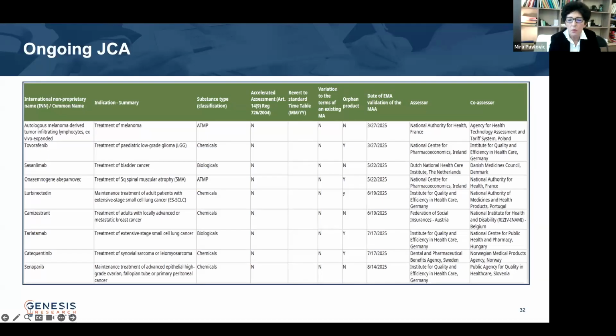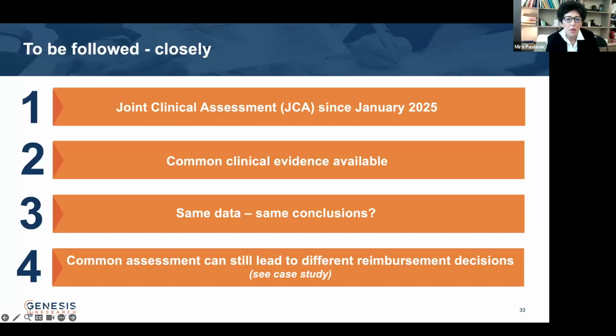So let's see what happens, and let's analyze in 6 months to 1 year, and we shall know more about this. That's why I think this should be followed closely, because common clinical evidence will be and is available with these mandatory joint clinical reports.